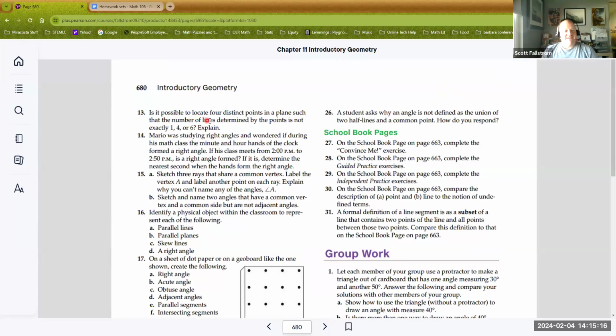Number 13, is it possible to locate 4 distinct points in a plane such that the number of lines determined by the points is not exactly 1, 4, or 6? So again, 4 distinct points. That means they can't be the same. And they're in a plane. So if I go and do this, right, here's 4.